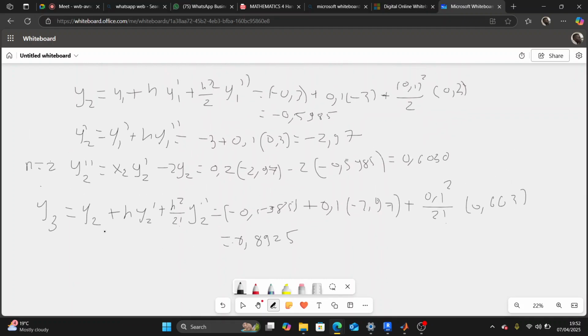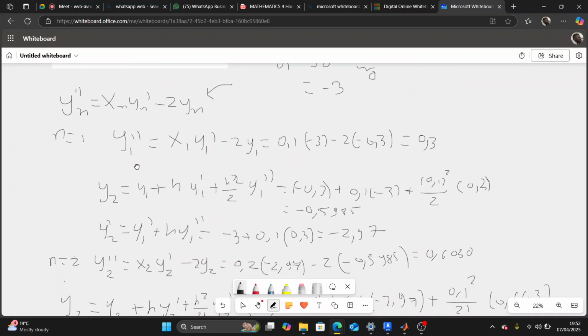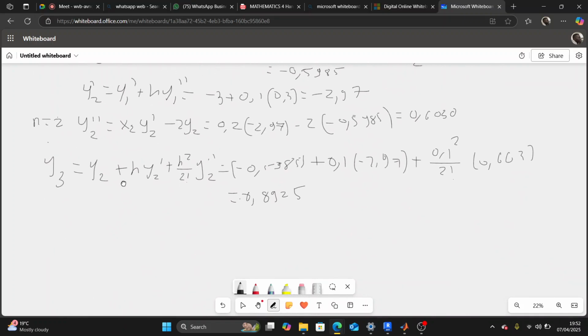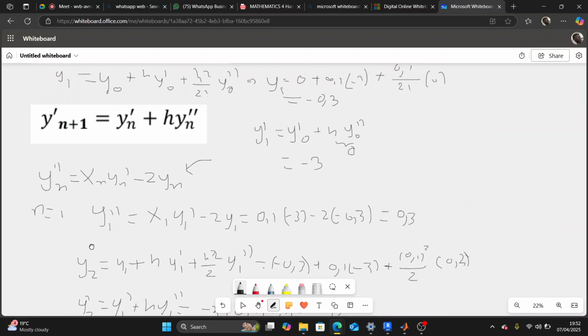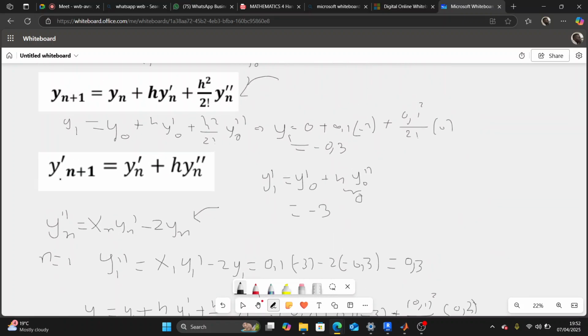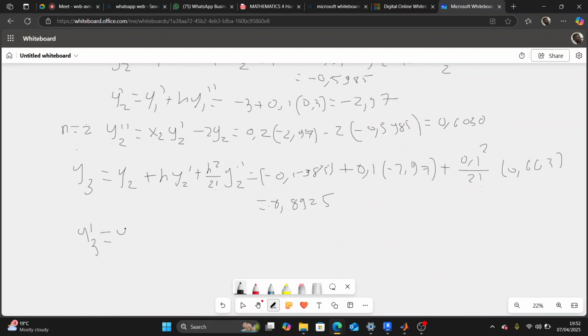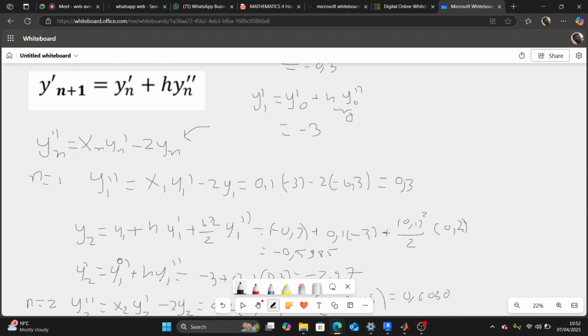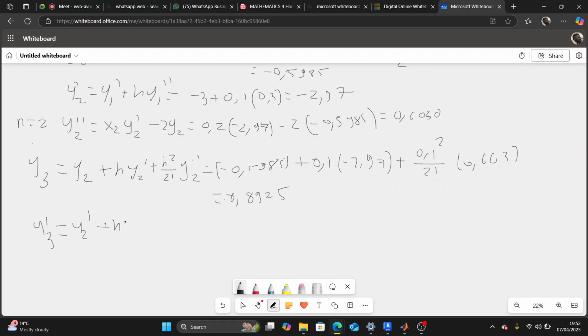Now you do the same also. This one is y prime, right? Yeah, this one is yn. Following the formula, what is y prime 3? It means you're going to have y prime 3 equal to y prime n. Remember, n equals 2, so it is y prime 2, plus h y double prime n, plus h y double prime 2.